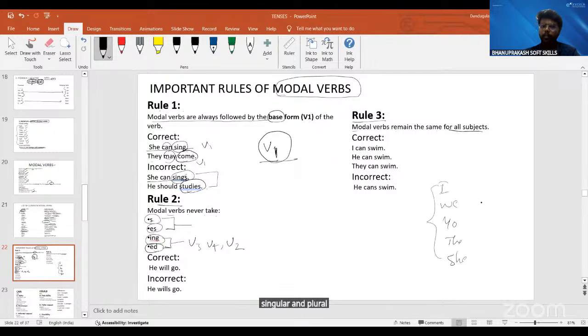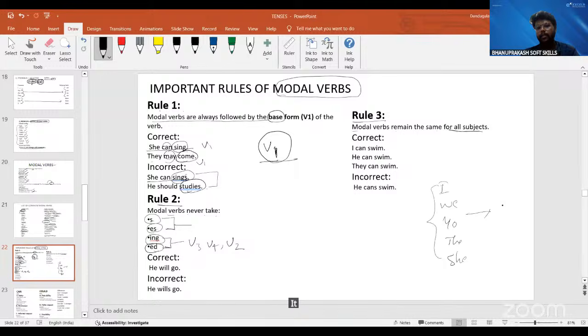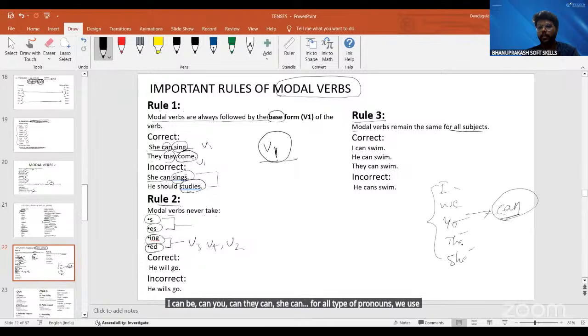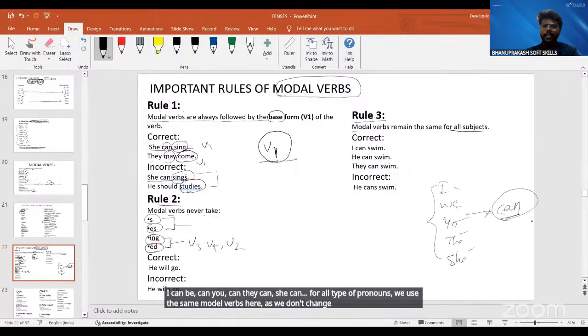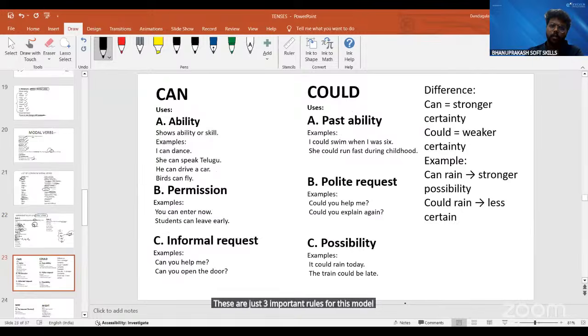It doesn't matter to these modal verbs whether that is a singular or plural pronoun. It always takes the same helping verb, which is the modal verb can. I can, we can, you can, they can, she can. For all types of pronouns, we use the same modal verbs, as we don't change that. These are the 3 important rules for modal verbs.